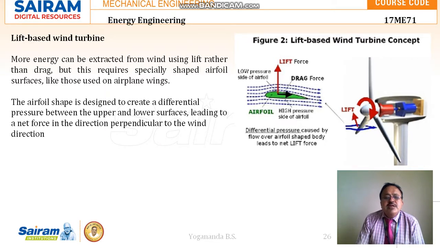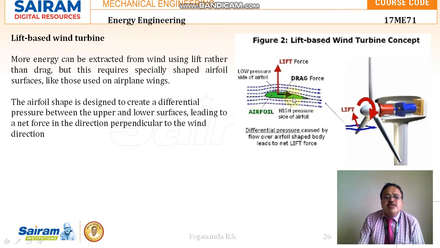The net force is in the direction perpendicular to the wind direction. The wind direction is horizontal, but the net force is created in the vertical direction, because of the difference in pressure between the upper and lower surfaces of this airfoil shape.